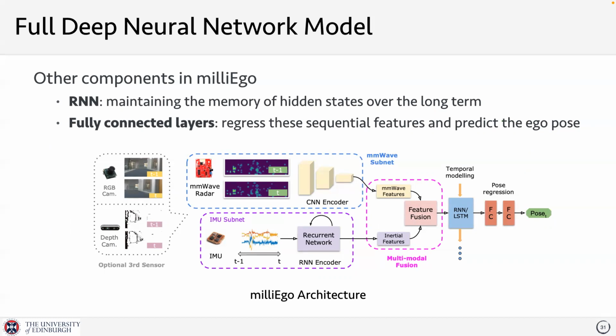And given the output of the RNN, fully connected layers are finally introduced at the end to regress out the 6 degree of freedom features, namely X, Y, Z, roll, pitch, yaw, this kind of relative motion. And that finished the pipeline of mini-ego.